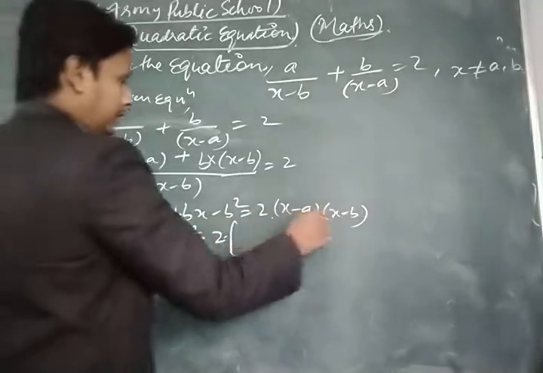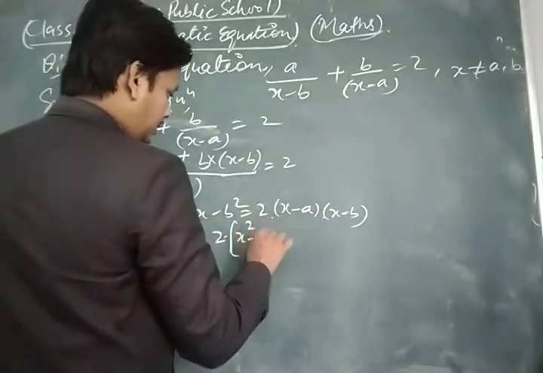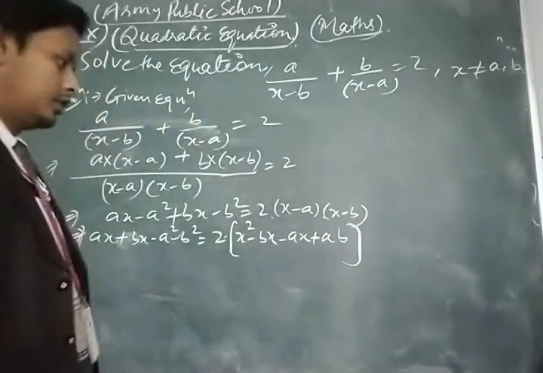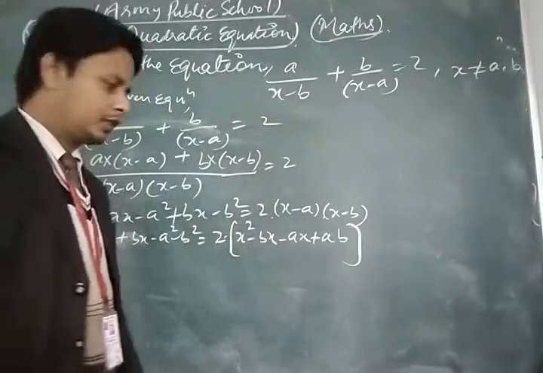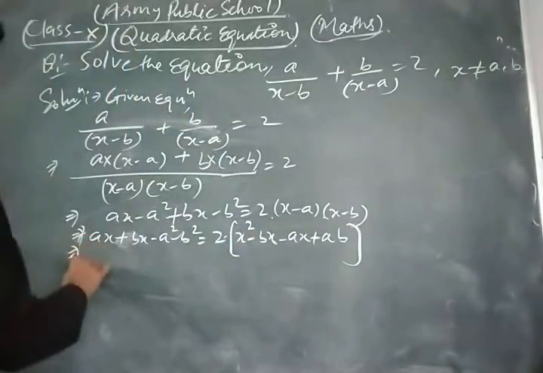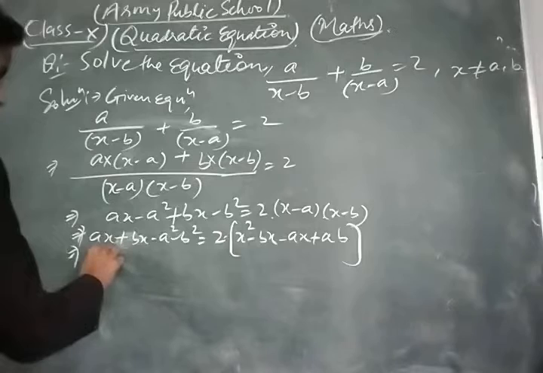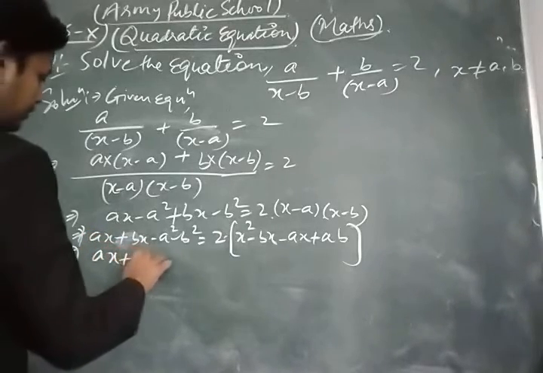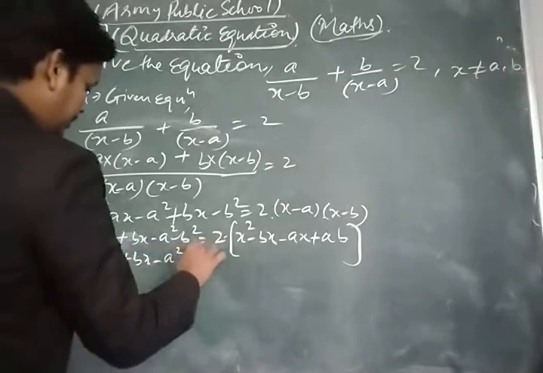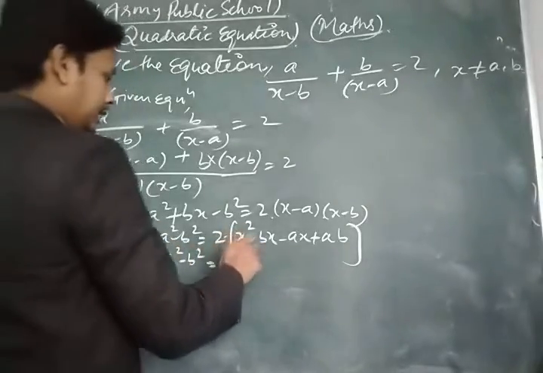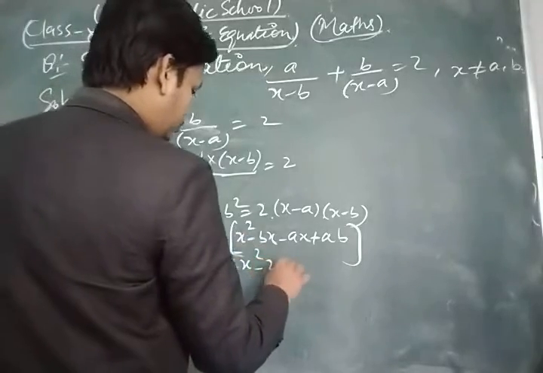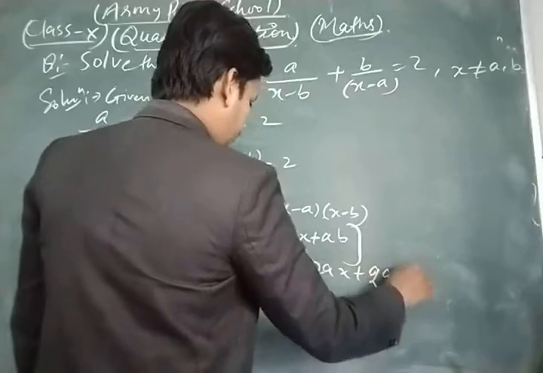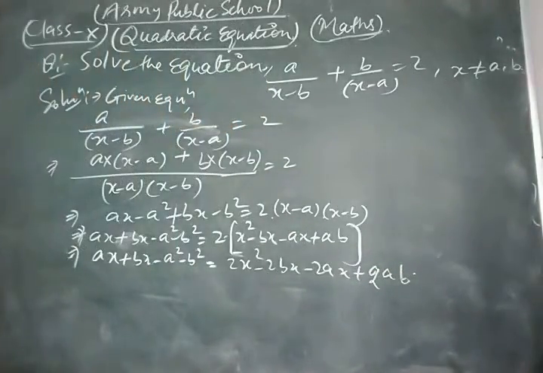Now 2 into, we multiply them, this is x square minus bx minus ax plus ab left. Doing the multiplication, we get ax plus bx minus a square minus b square is equal to 2x square minus 2bx minus 2ax plus 2ab left here.